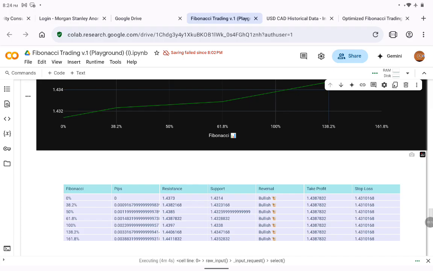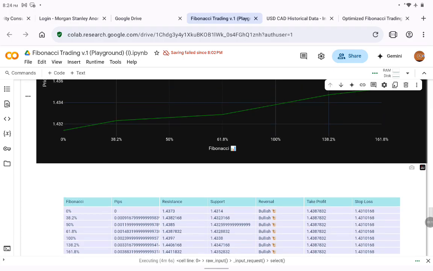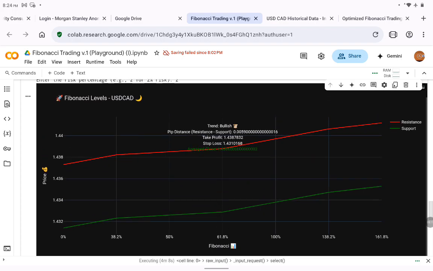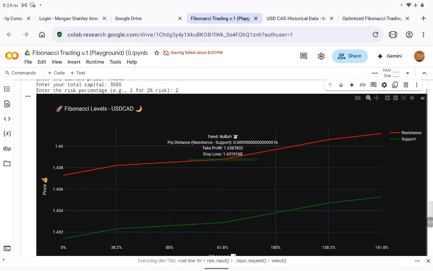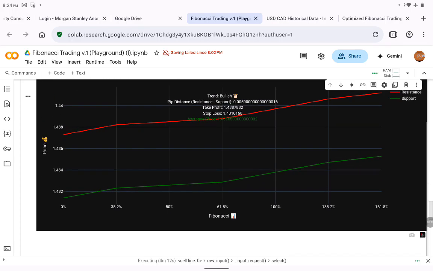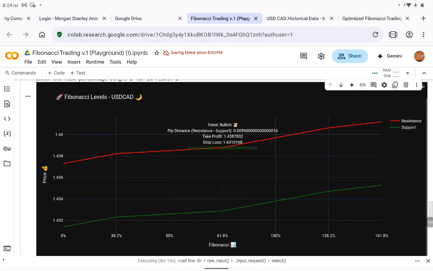Right now this currency, USD/CAD, is on a bull run. It says it right there, with the little emoji, bullish.